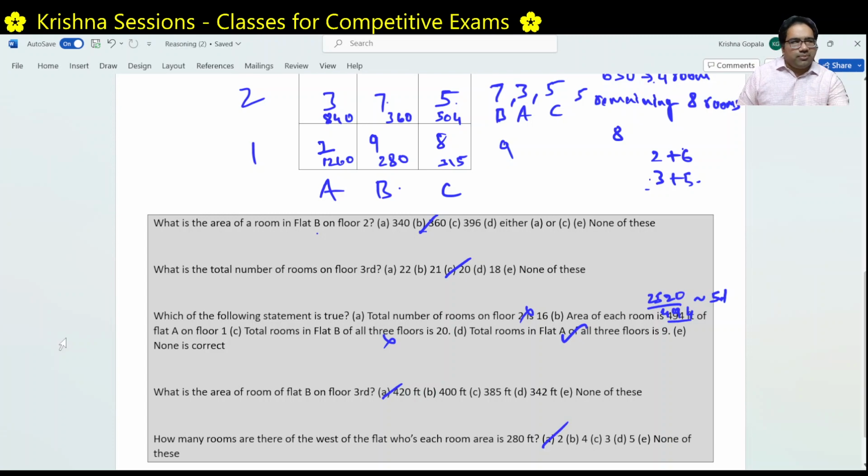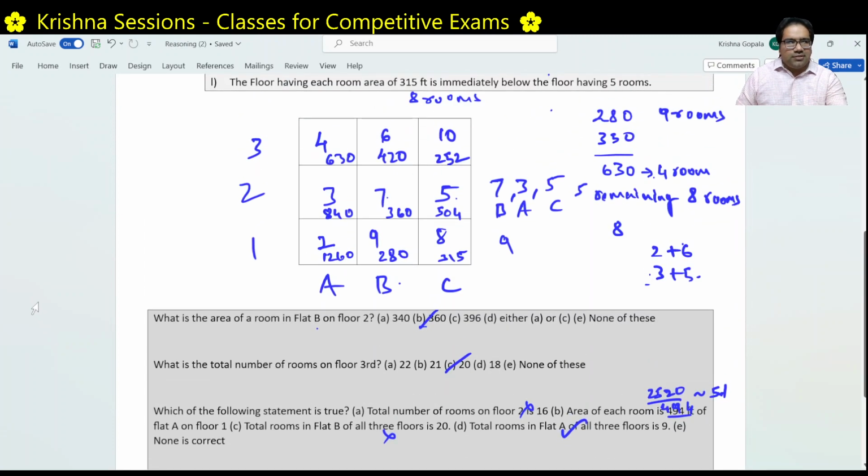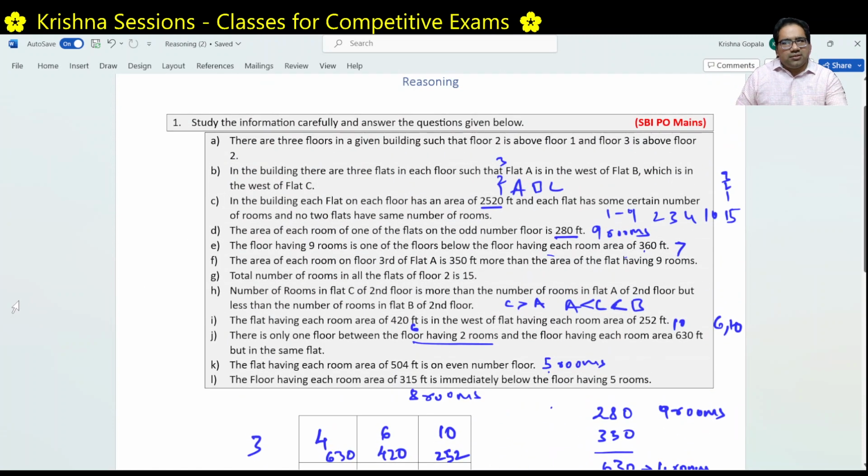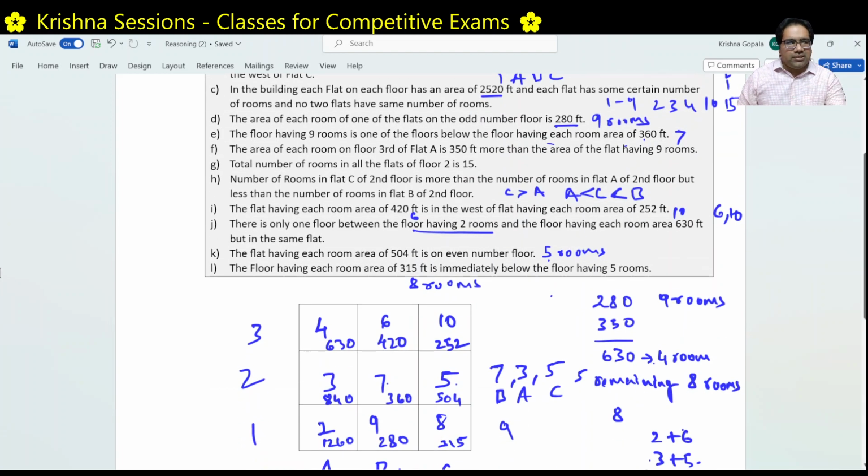So understood this problem, right? This is a beautiful problem. It's a very interesting problem. The combinations are given in terms of areas, in terms of rooms, etc. And we have to solve for this combination of areas and rooms together. This is more like a Sudoku problem. And here there is no extra information.